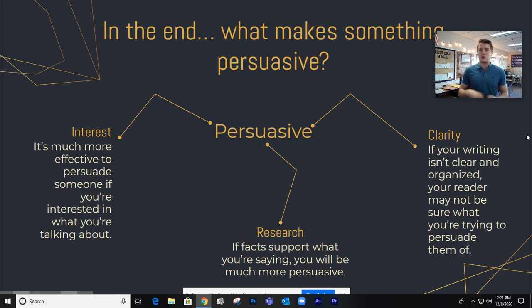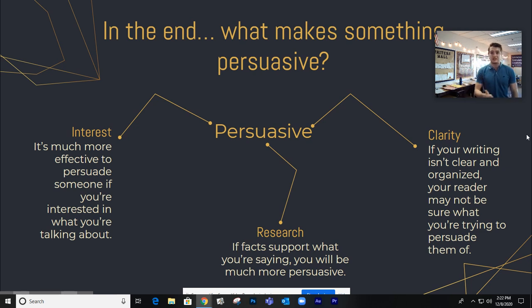So make sure that your writing is clear and organized, so your reader knows what you're trying to convince them of. If you keep these 3 things in mind as you're writing, it's going to help you out a whole bunch and make whatever it is you're writing much more persuasive.